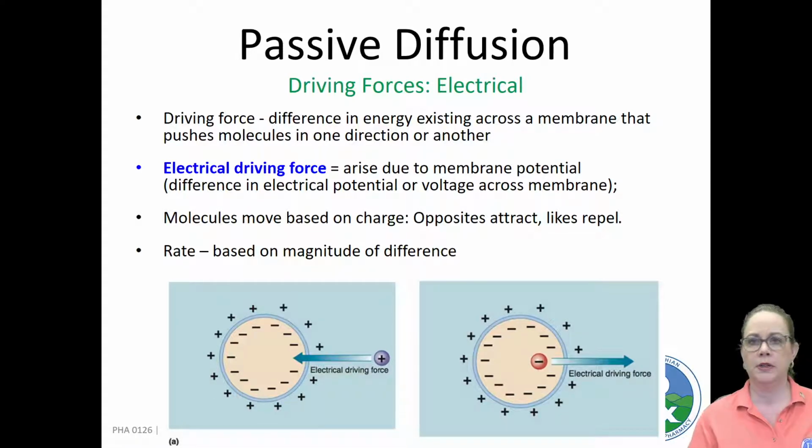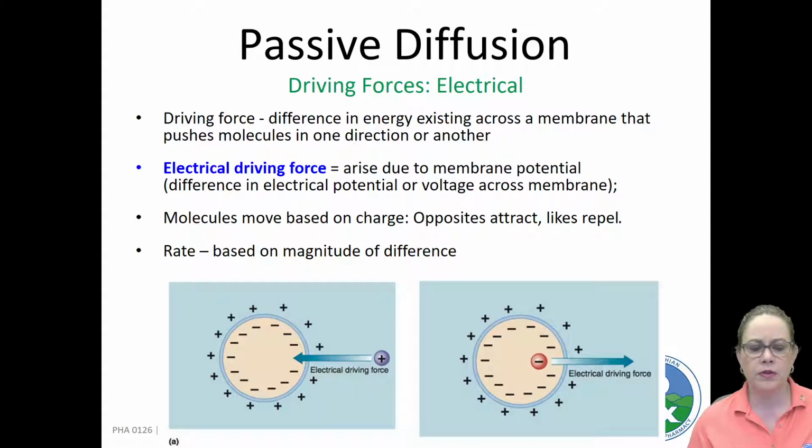So for neutral molecules such as glucose or water, we don't need to worry about this electrical driving force since they're neutral. This will apply, though, to our charged molecules such as potassium ions, chloride ions, sodium ions.